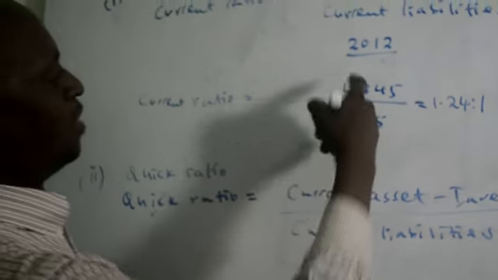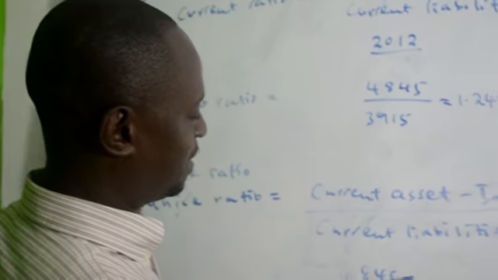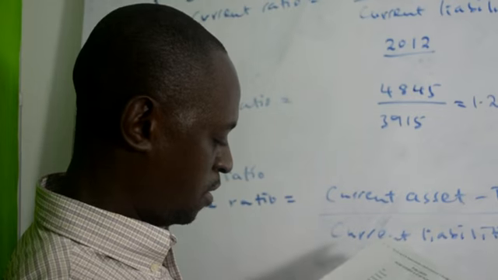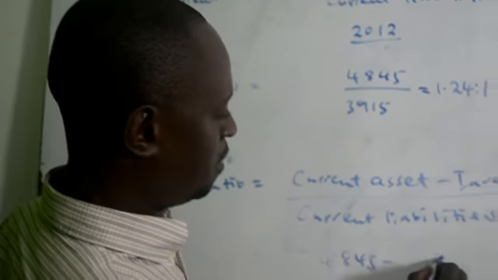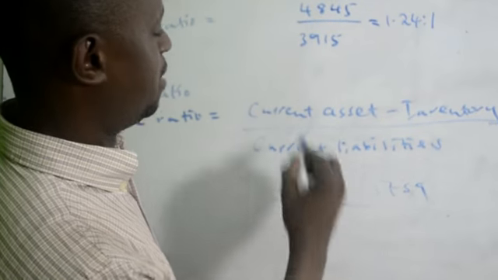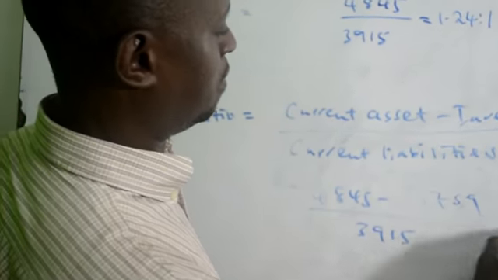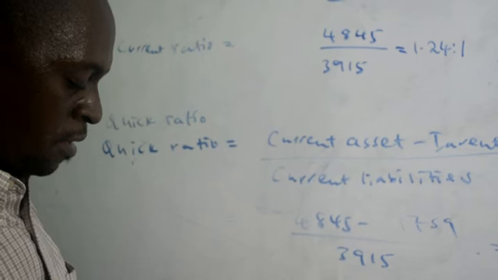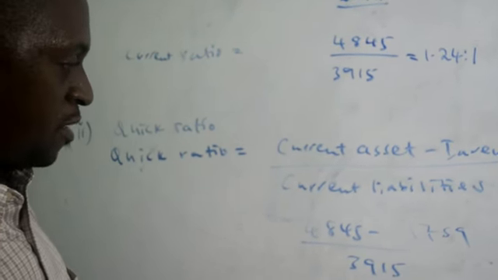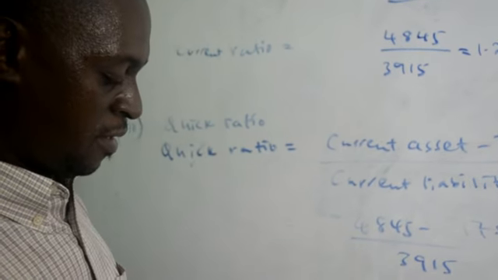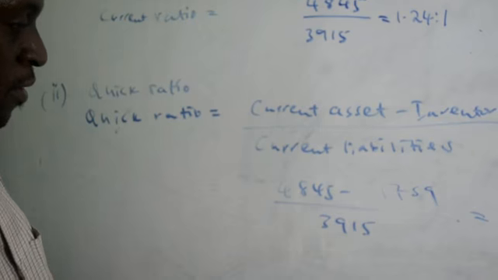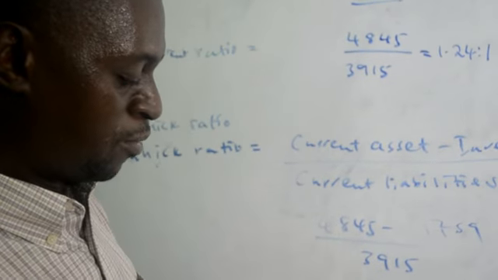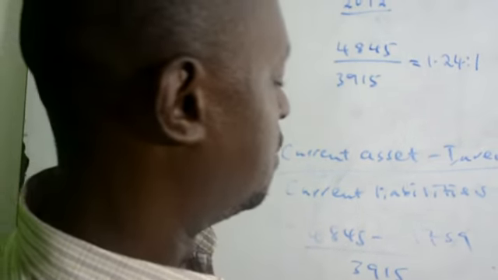So current assets, we have the figure up there as 4845, subtract inventory. Inventory for the year 2012 was 1759. So we divide by 3915. Now we have 4845, subtract 1759, that gives you 3086. You divide by 3915. So this gives us 0.79.